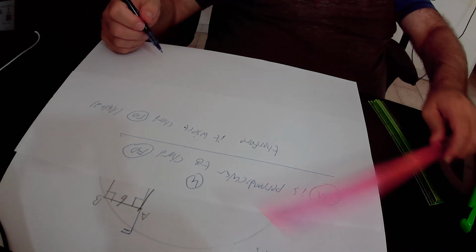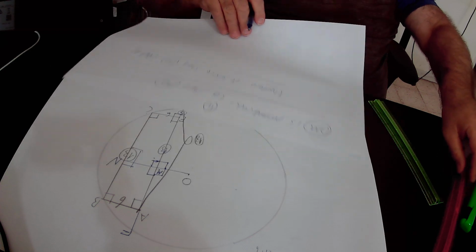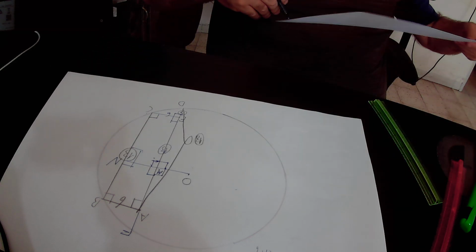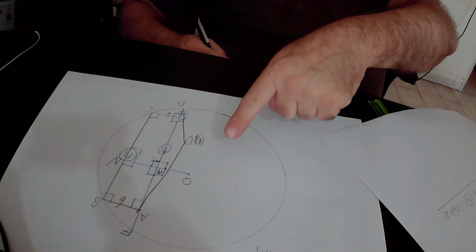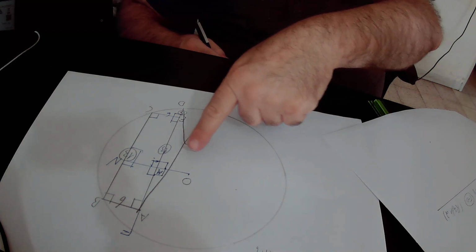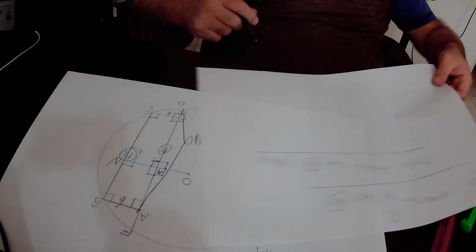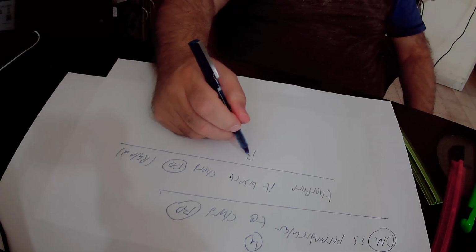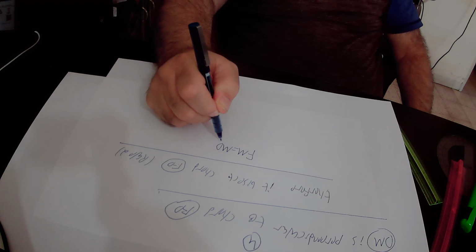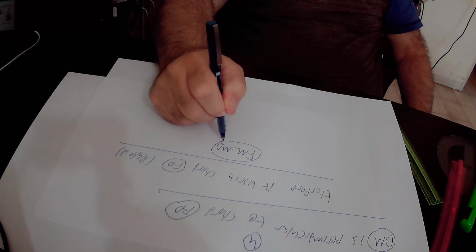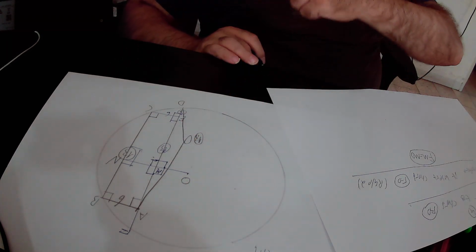Okay. So, if chord FD is bisected by perpendicular OM, it means that FM equals MD. FM equals MD.